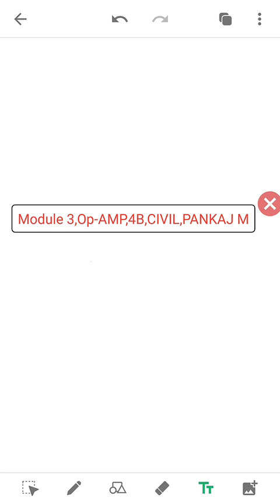The drawbacks of vacuum tubes were they were bulky, they consumed a lot of power and were very expensive. So this is about the history. It started from 1940, the first operational amplifier.